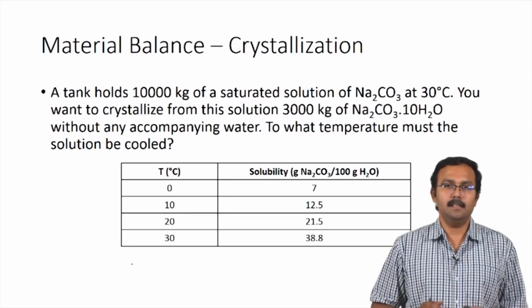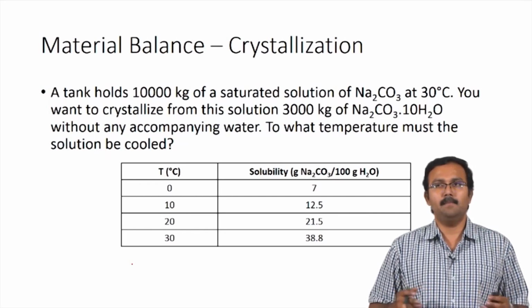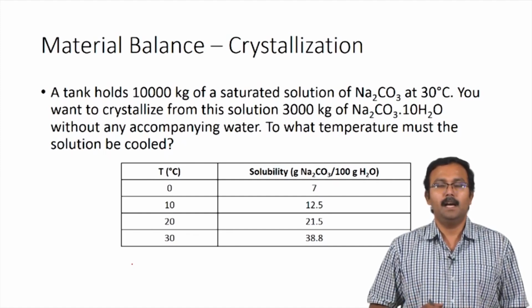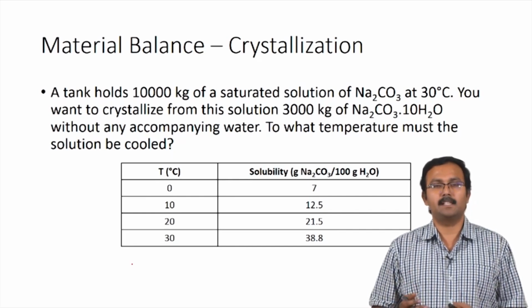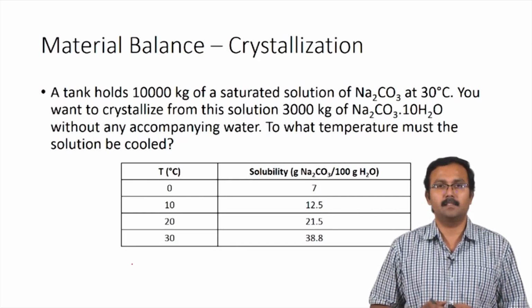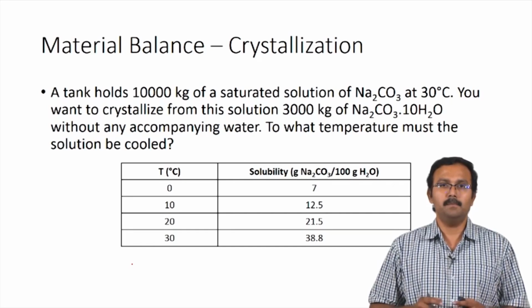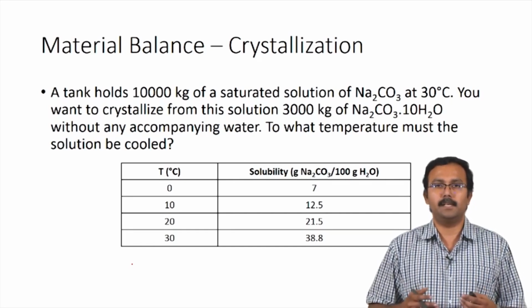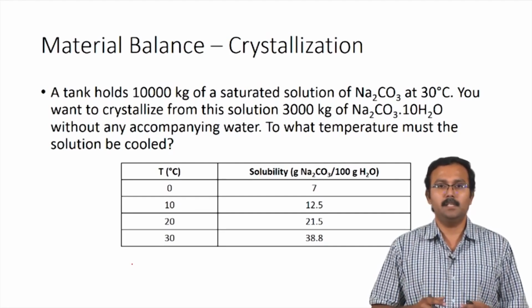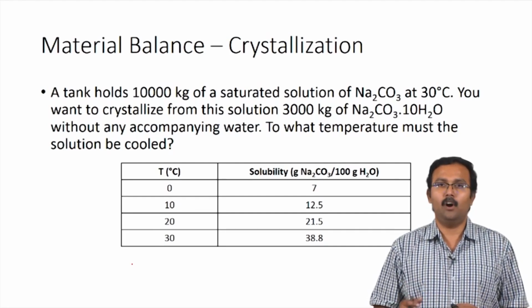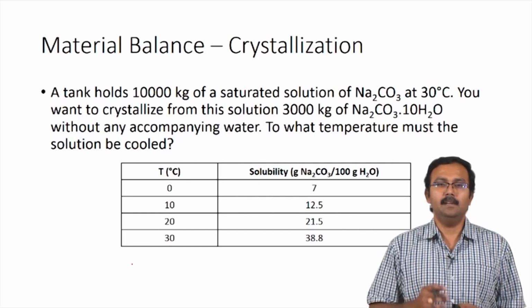Now, until this point, every material balance problem that we have performed has always asked us to calculate mass flow rates or mass fractions or molar flow rates or mole fractions. Here the problem statement asks us to calculate temperature. So, that is the reason we are given additional data, which is the solubility of Na2CO3 in water.